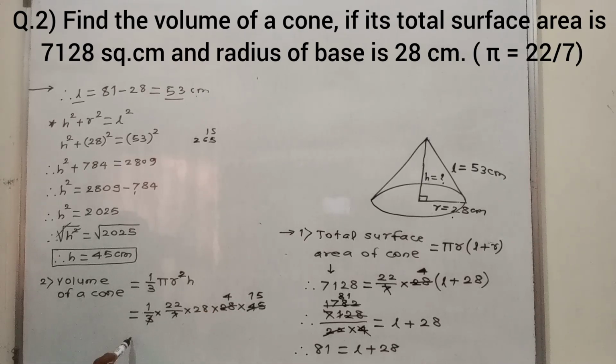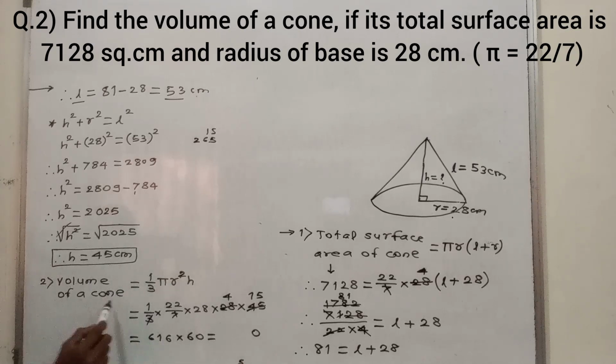This is very simple. So product of these, 28 into 56, here 28 into 56. Then 15 4s are 60.